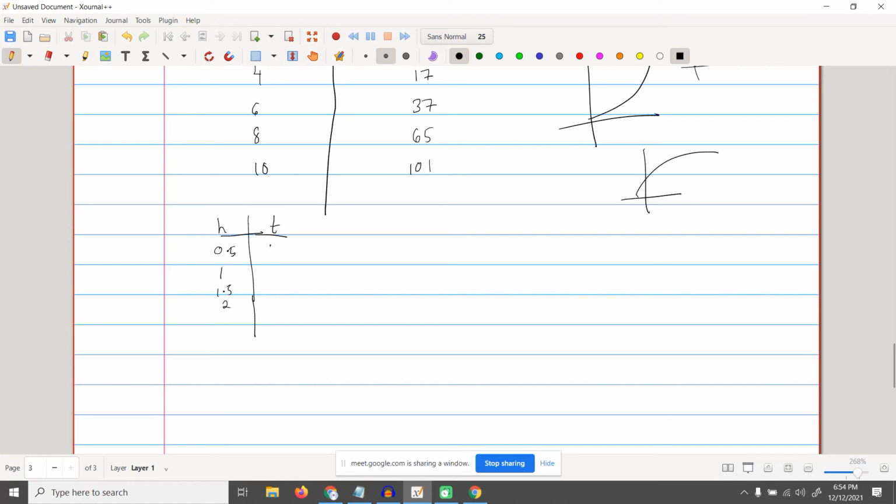This might take 1 millisecond, this might take 1.3 millisecond, this might take 1.7 millisecond. What kind of graph would you draw to find out the relationship between these two? This is definitely going to give you something like that. Anyone?